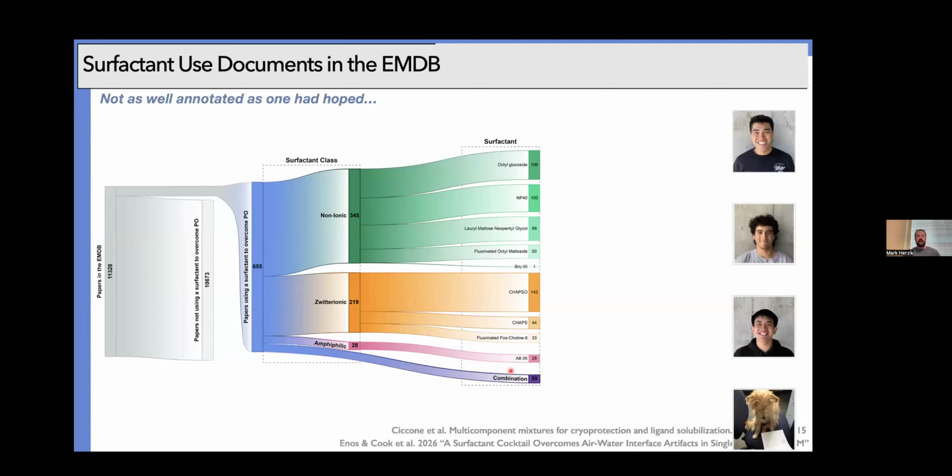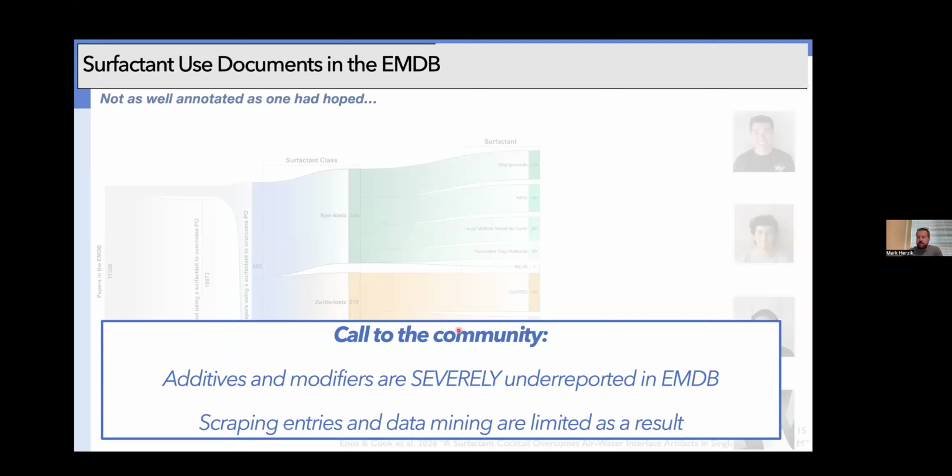Now, one thing I want to do is make a call to the community. I'm also at fault here, but I was surprised at how heavily under-annotated a lot of the entries are in the EMDB.